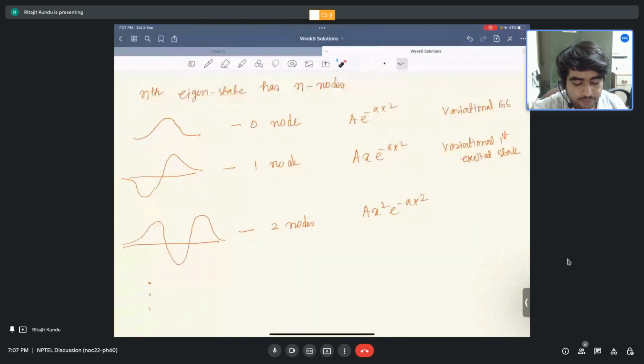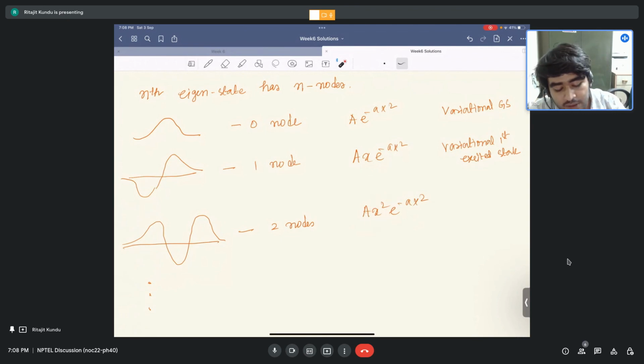Now you can multiply just x, and that will introduce a node here. To get the variational energy of the second excited state, you have to introduce two nodes. For example, for the Gaussian at least, x squared does the job, as it will introduce two nodes.